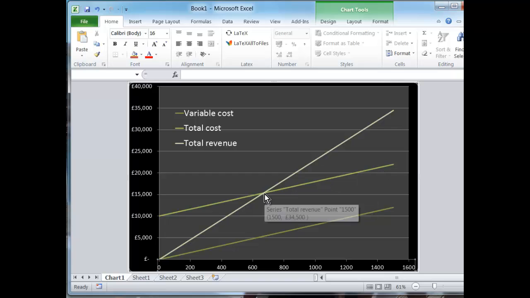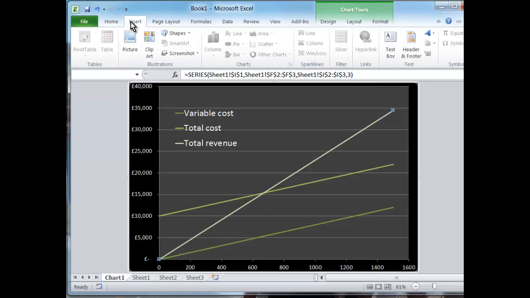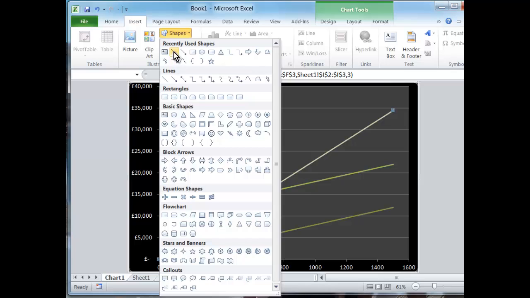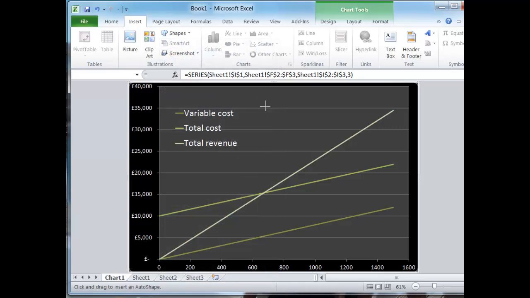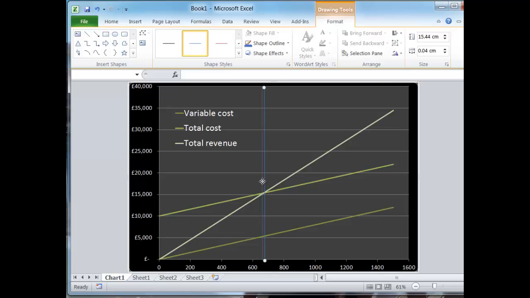Here is exactly our break-even point. So we can still actually put a little line in there and say, here's our break-even point, which is of course the 666.7 genes.